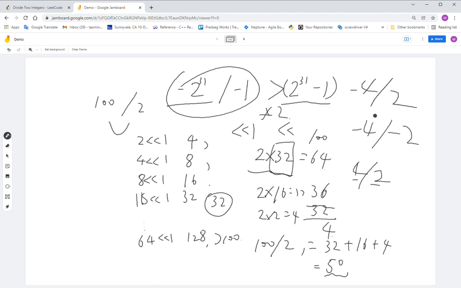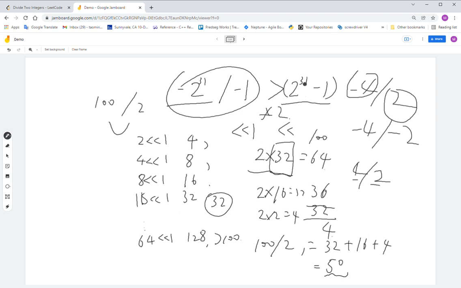However, let us handle this one. When we do the left shift and the right shift, this is a big trouble. So first, we need to put dividend and the divisor to the same sign.